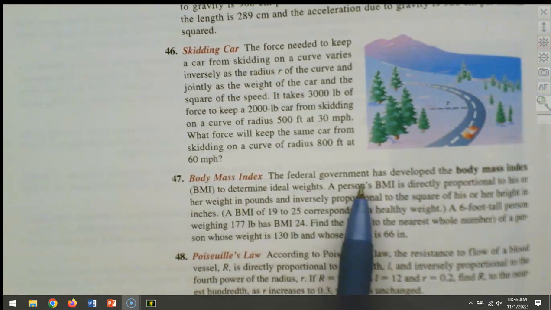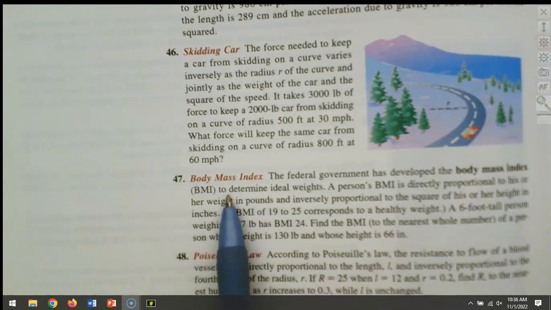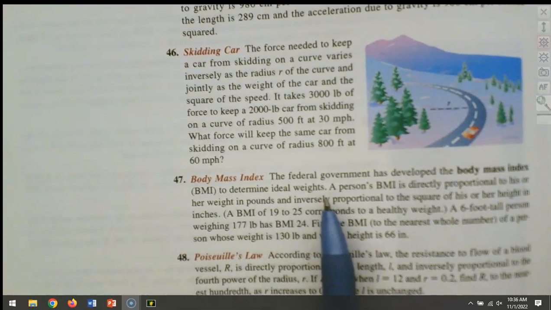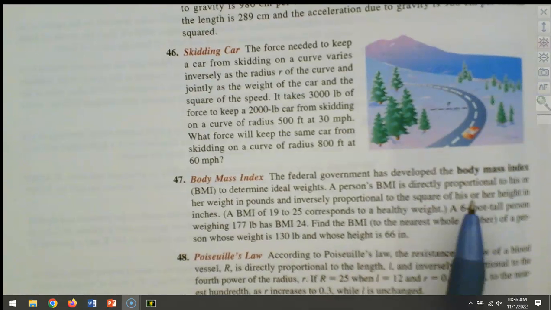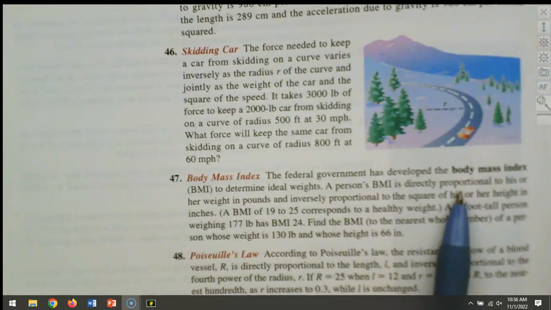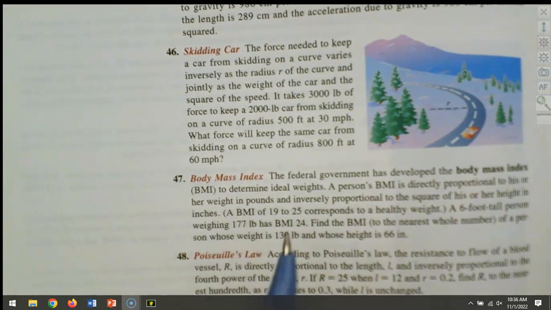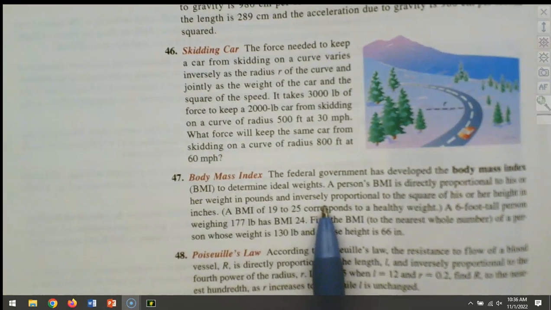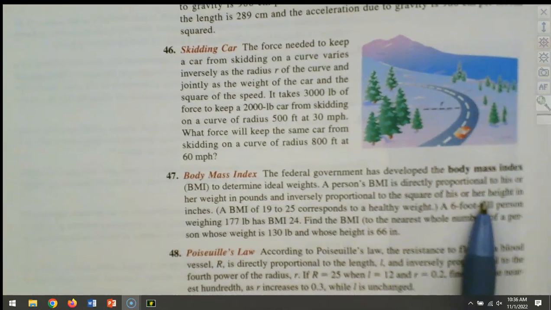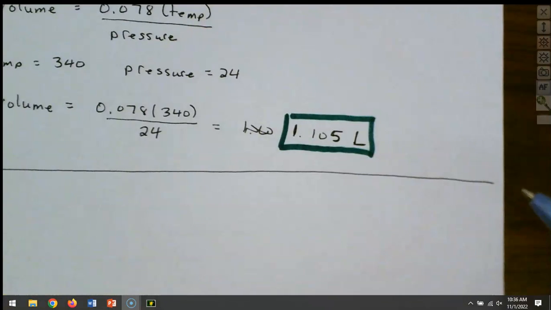The federal government has developed the body mass index, the BMI, to determine the ideal weights. A person's BMI is directly proportional, that means multiply, to his or her weight in pounds, and inversely proportional to the square of his or her height in inches. So let's write up our formula.